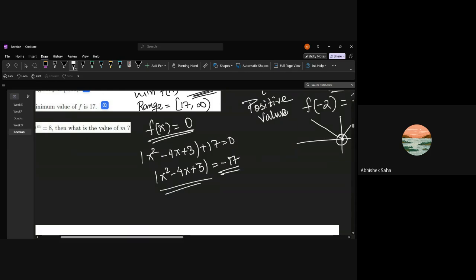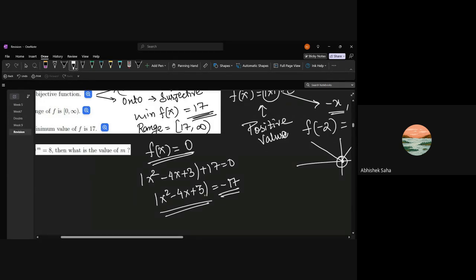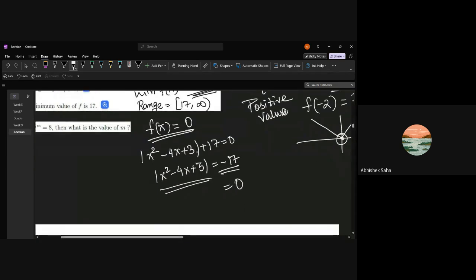Is it possible that this value will equal minus 17? No, sir, not possible. It will always give a positive value. That's why the minimum value will be 0. Minimum value of this function will be 0. So here we can write the range. To find the range, the minimum value will be 0 plus 17 to infinity.